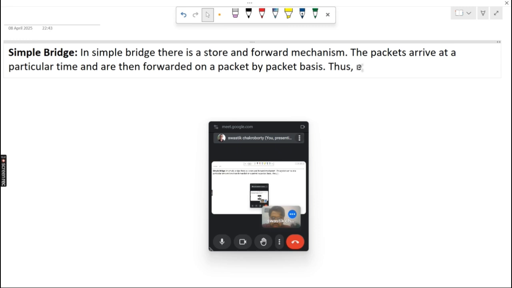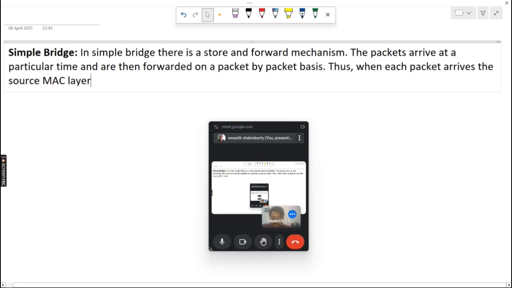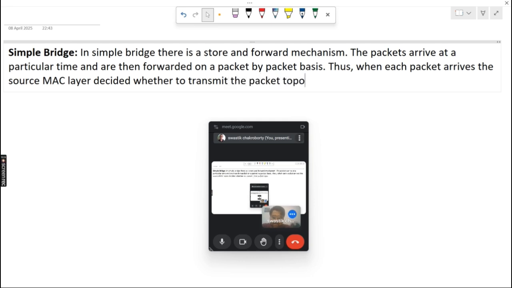Thus, when each packet arrives, the source MAC layer decides whether to transmit the packet to the destination MAC layer.